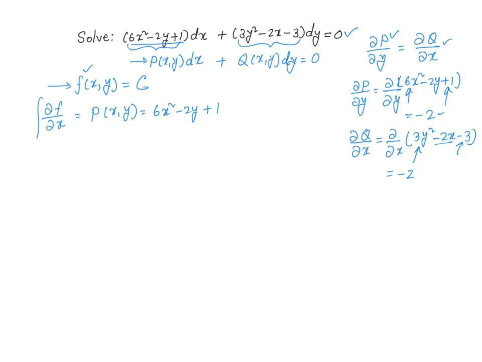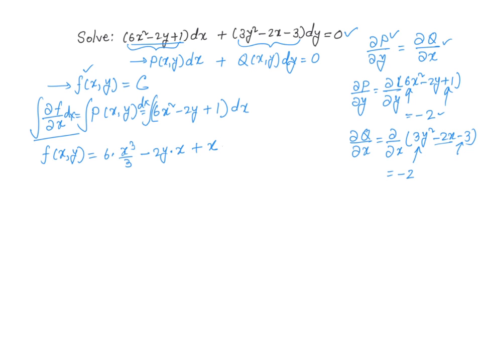Now I can integrate this whole thing with respect to x. If I integrate del f over del x with respect to x, that gives me the original function f of x comma y. The integral of 6x squared with respect to x is 6 times x cubed over 3, minus 2y times x, plus the integral of 1 dx, which is just x.